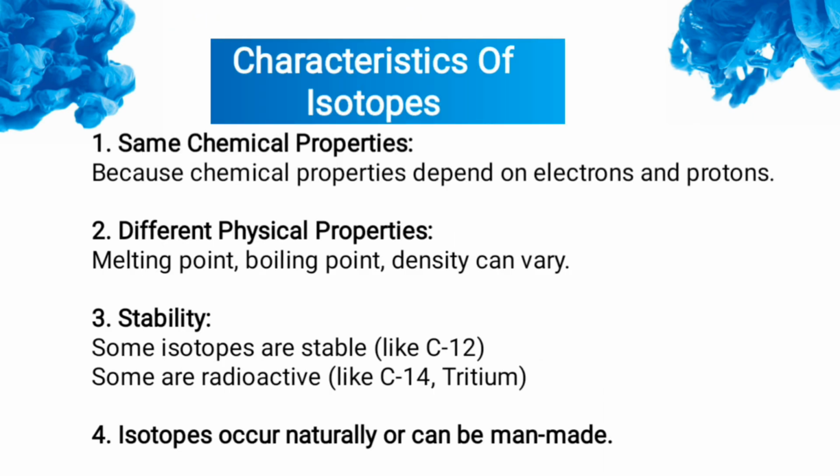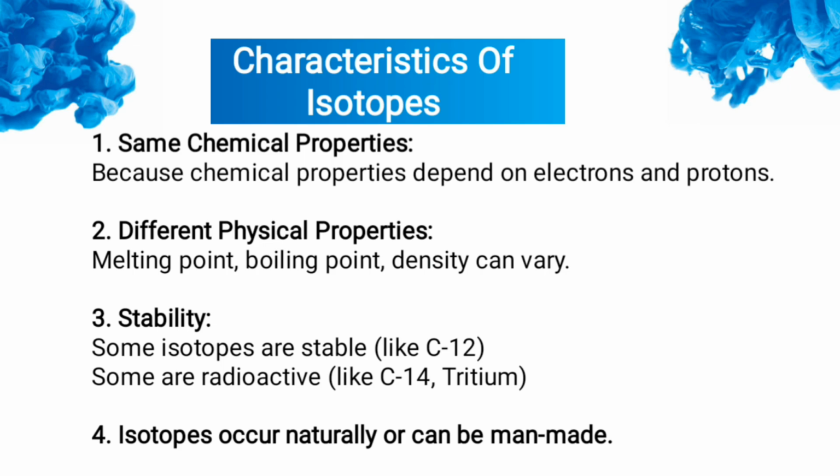Now, characteristics of isotopes. There are many characteristics of isotopes, but here the main characteristics are: number one, same chemical properties, because chemical properties depend on electrons and protons. The second one is different physical properties, such as melting point, boiling point, and density, which can vary.